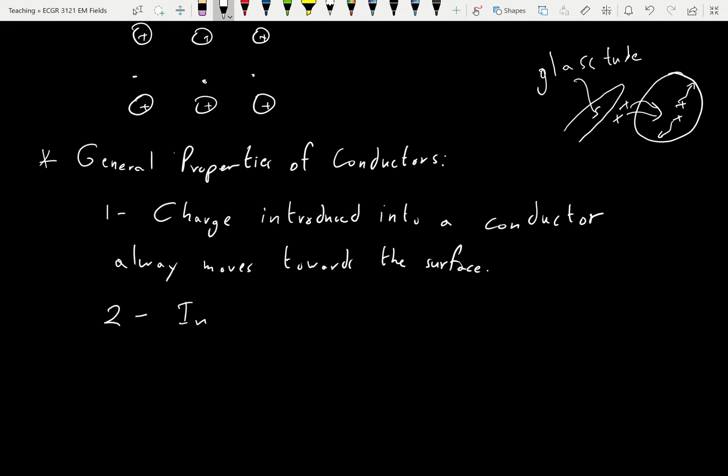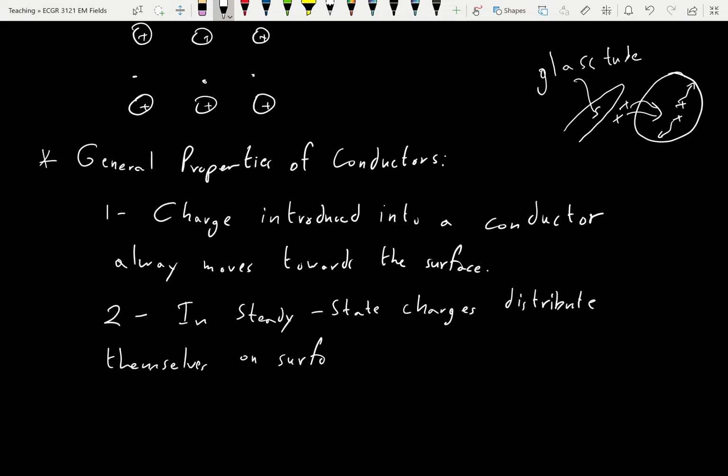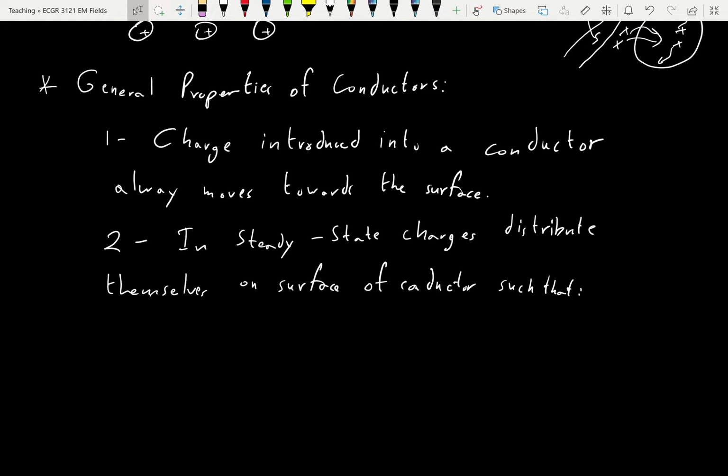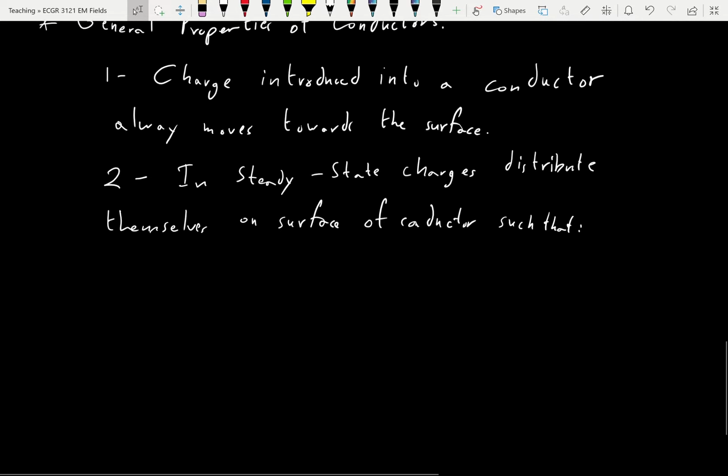Property 2: in steady state, charges distribute themselves on the surface of the conductor such that three main things happen.